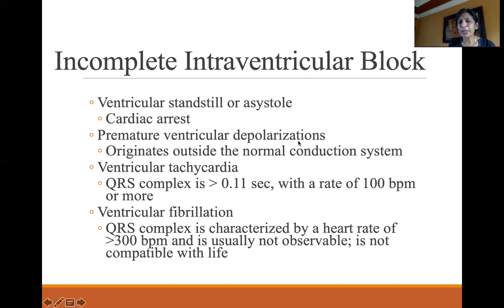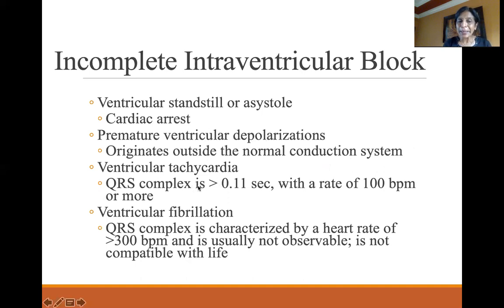Premature ventricular depolarizations are basically random depolarizations, just like we saw with atria, premature atrial depolarization. Here it's premature ventricular depolarization, not a major one to be concerned about. It originates outside the normal conduction system randomly, okay?